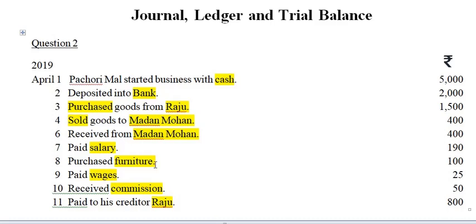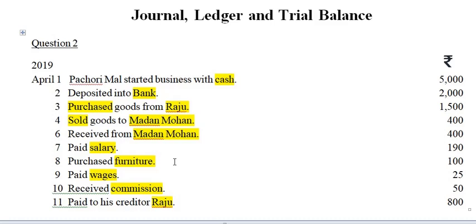Okay, and here, purchased furniture. So in case of purchase of furniture, we will not use the term purchase, but we will write the name of the asset, that is furniture. So we will write furniture account. But how you are purchasing, from whom you are purchasing, nothing is mentioned. If it was a credit transaction, then the creditor's name will be mentioned.